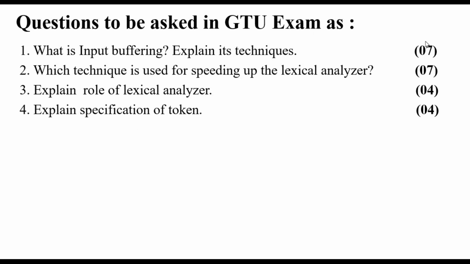The marks are not fixed; they may vary. Which technique is used for speeding up the lexical analyzer? Here you have to write input buffering techniques. Explain the role of lexical analyzer. Explain specification of token. Thank you.